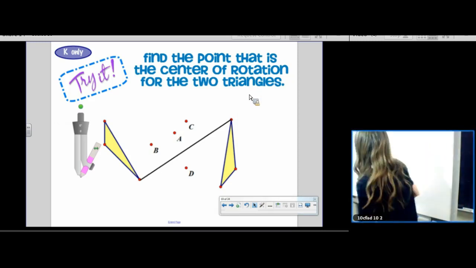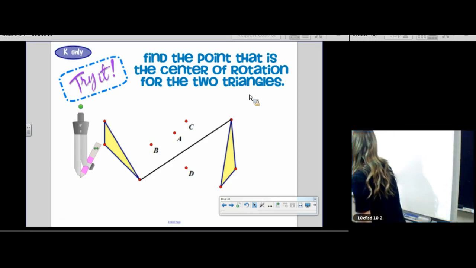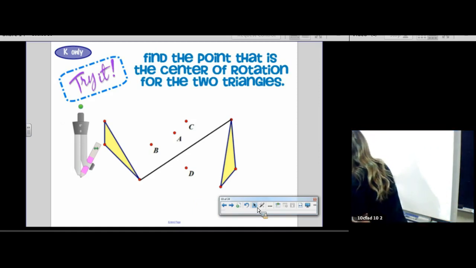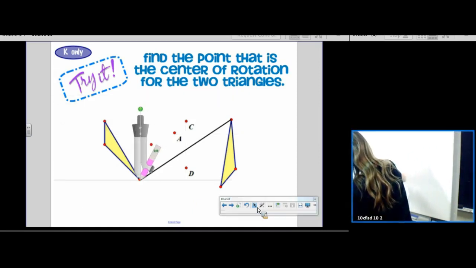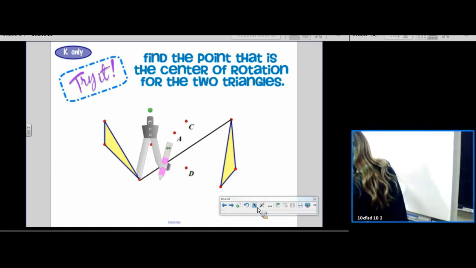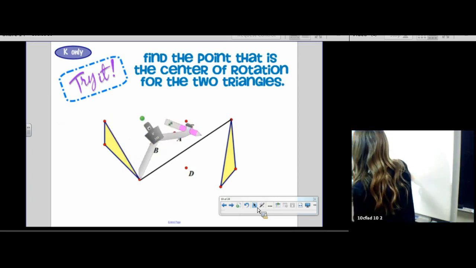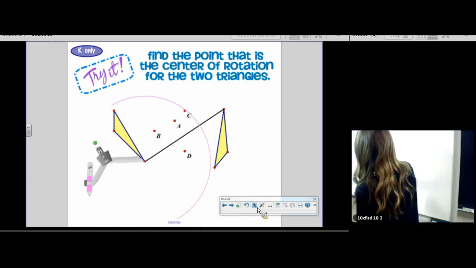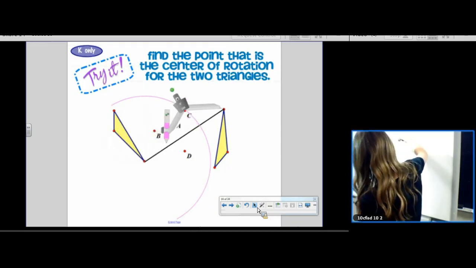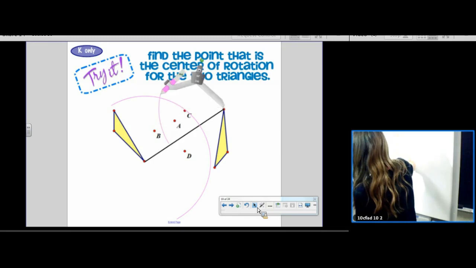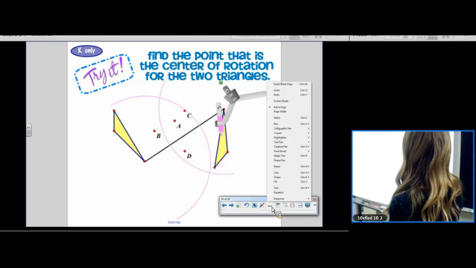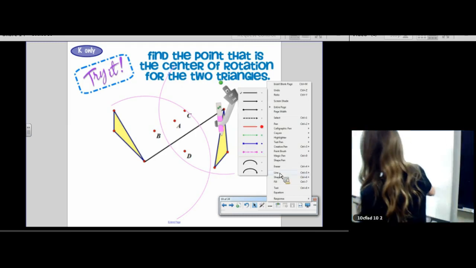I could probably eyeball which one's going to lie on the perpendicular bisector, right? But if you don't want to eyeball it, you only have to construct one, because once again, we have multiple choice here. So I only have to construct one perpendicular bisector, and the answer is going to fall on the perpendicular bisector. Now, you're going to run into trouble if two of them fall on it, but I don't think we're going to do that to you.